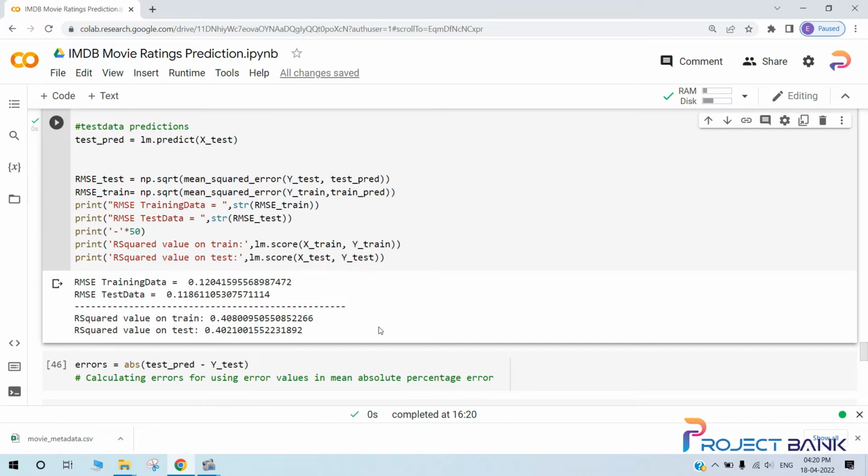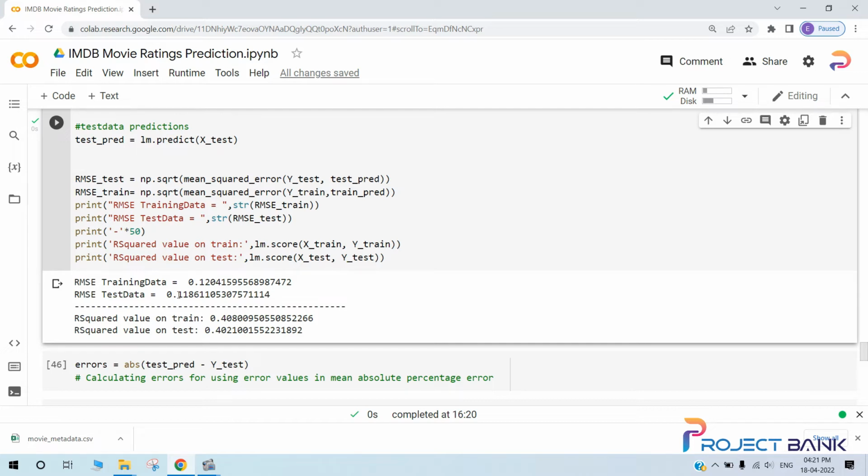The R squared value on the data must be higher, so the closer to 100 the better the model. For RMSE, the lower or closer to 0, the better the model. As you can see, we have printed the R squared value on the train and test data.